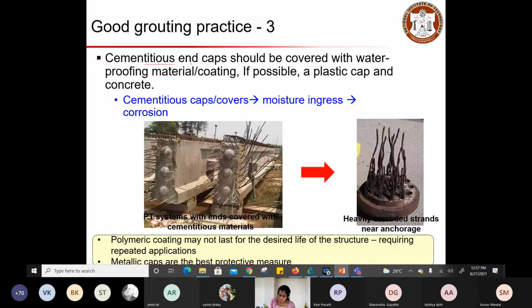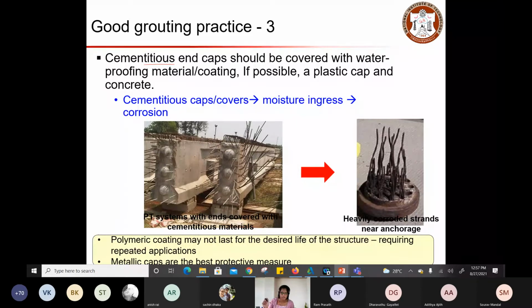Typically cementitious caps are used to cover the end anchorages, and cements are in general hydrophilic, so they absorb water and react, right? We do not want any reaction to happen there; we just want the cap to protect your strand.